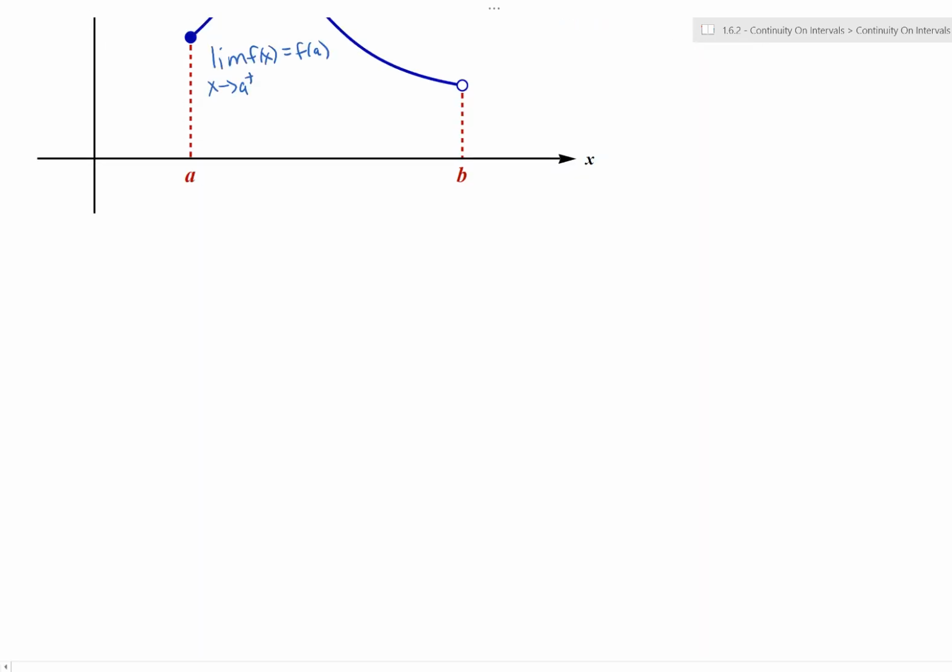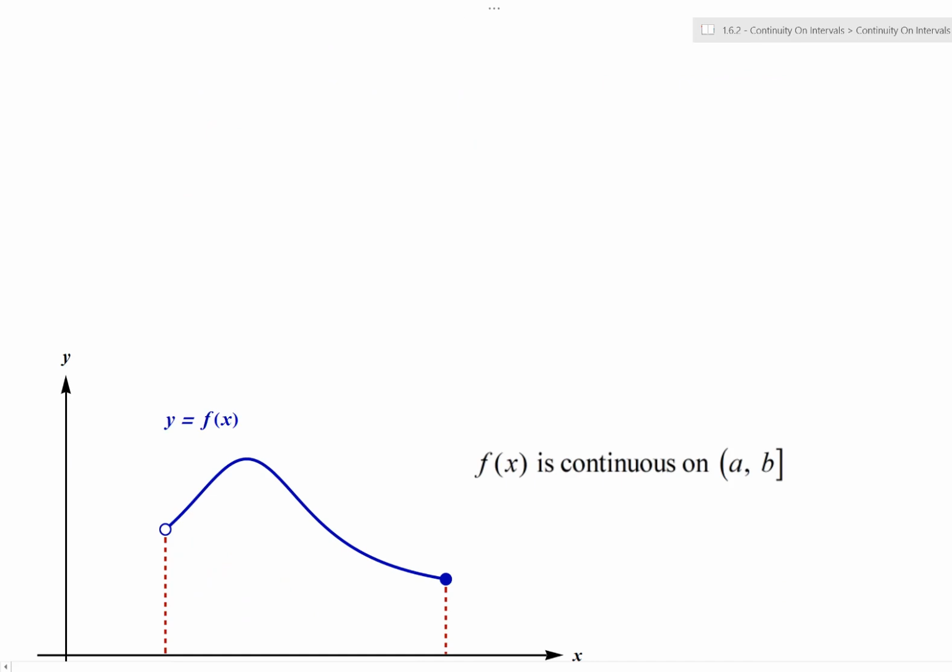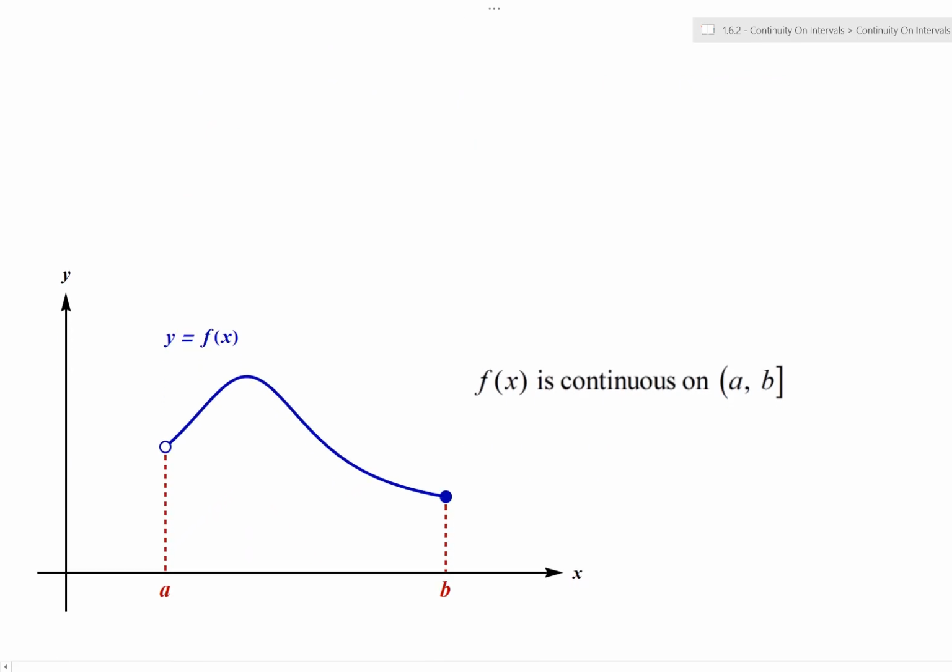And then finally, we see a picture like so, kind of the opposite of what we just looked at. This function is continuous on the interval a to b, but now open at a and closed at b. For a similar reason as the previous example, you notice right here at x equals b, the limit as x approaches b from the left of the function is equal to the value of the function at b, and hence we have continuity at that endpoint.